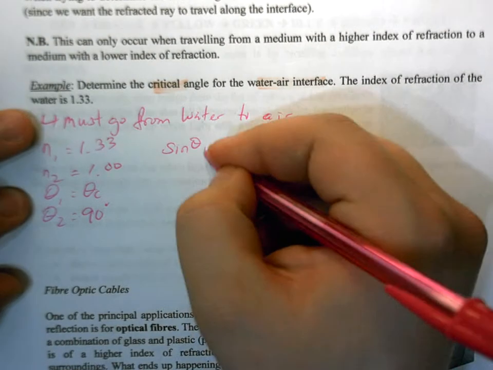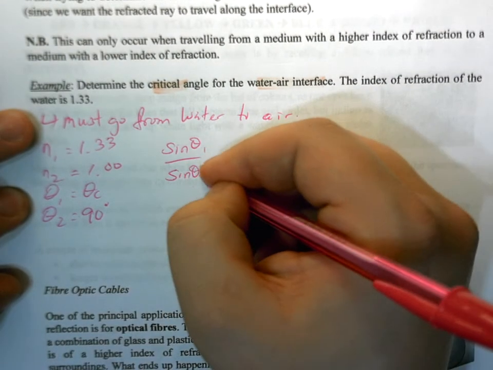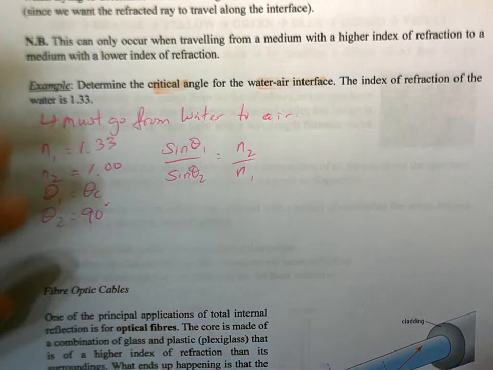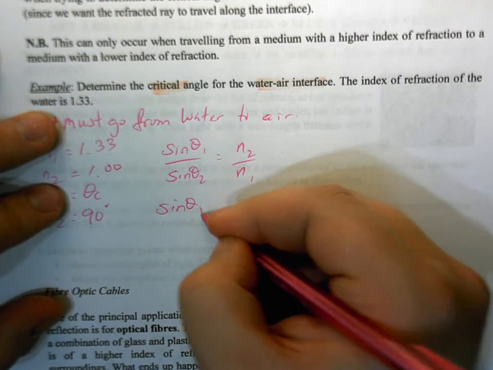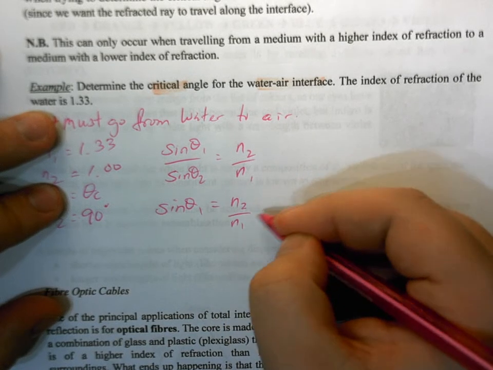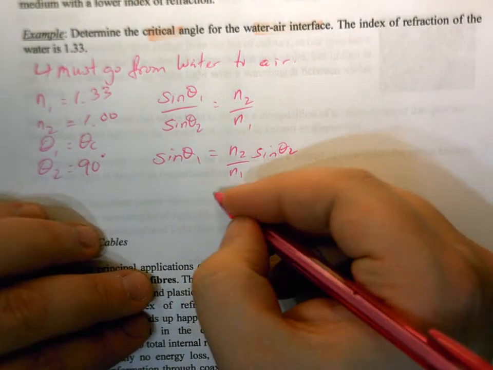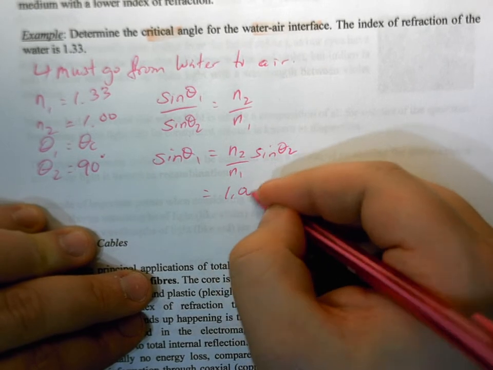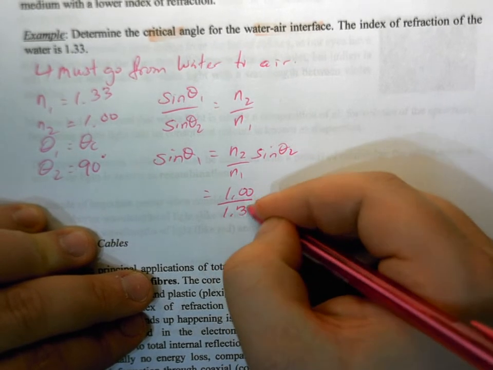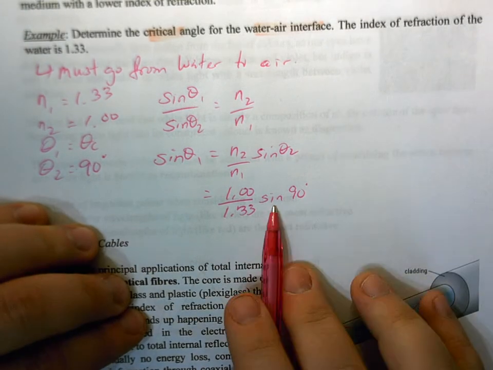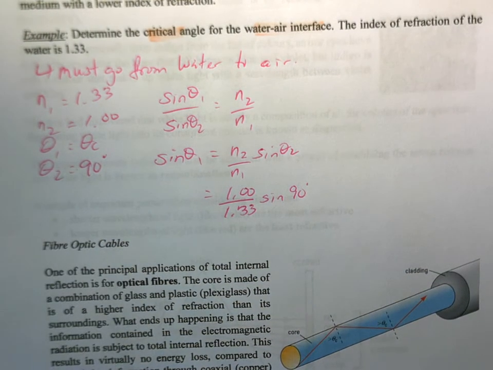We know that sine of theta 1 over sine of theta 2 is N2 over N1, so sine of theta 1 is N2 over N1 times sine of theta 2. Let's plug in what we know. N2 is 1.00, N1 is 1.33, and sine of 90 degrees is just 1.